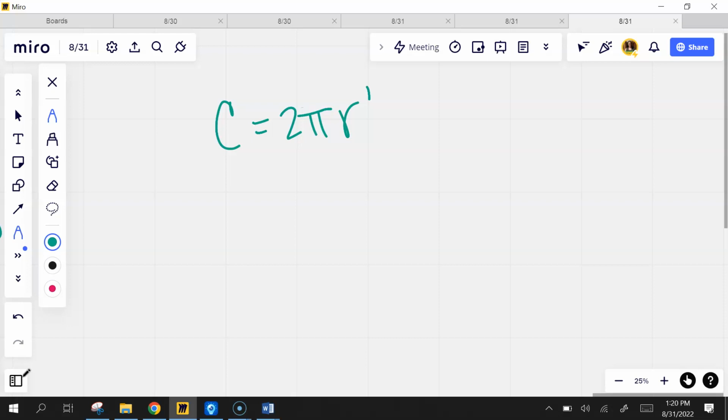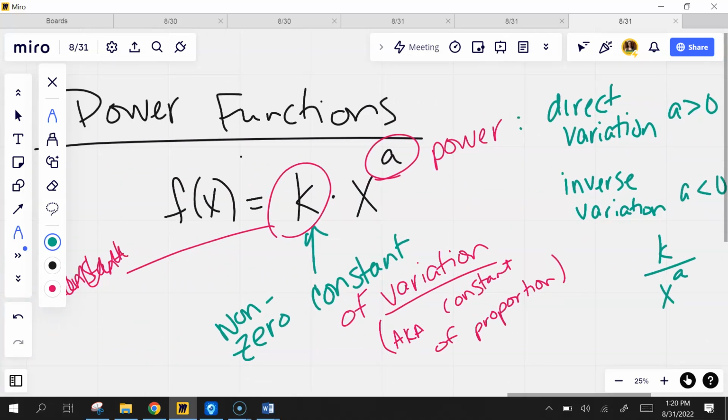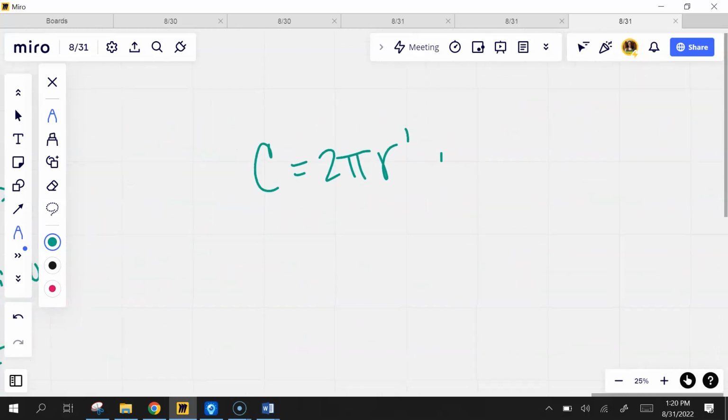It always was. What's the power? But it's only one piece. It's one term. Just one term. So it can't be this plus 3r. That's not a power function anymore.